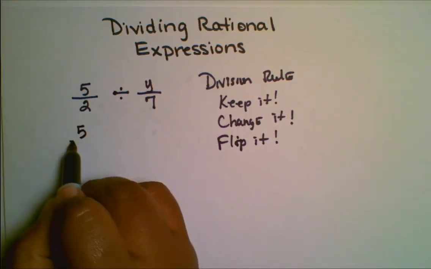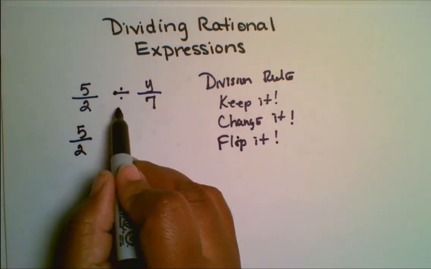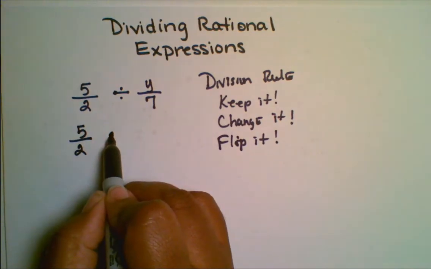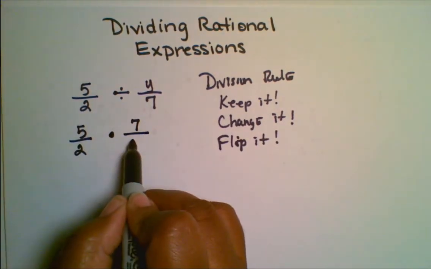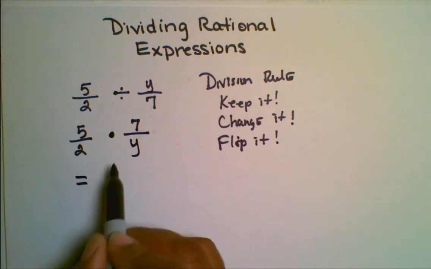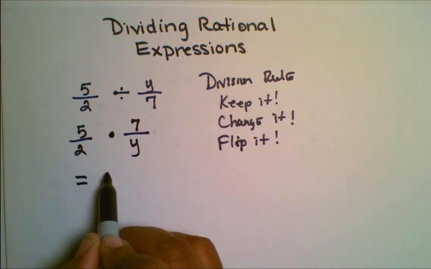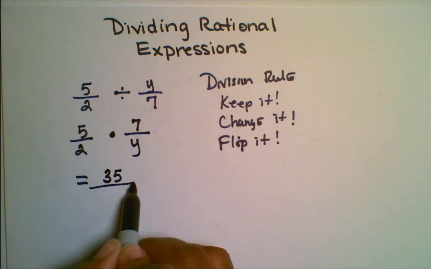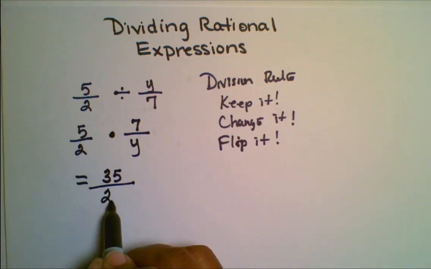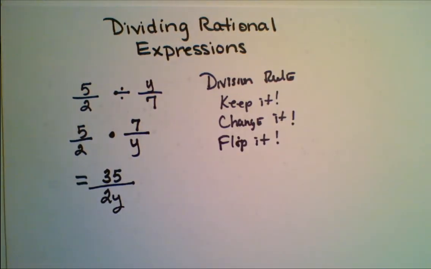We would keep the first fraction the same, change our division to multiplication, flip the second fraction, and then we are able to use our multiplication rule where we have 5 times 7, which is 35, and 2 times y, which is 2y. So that's what we have to do first. And then we factor the numerators, factor the denominators, cancel all pairs of factors common to the numerator and denominator.